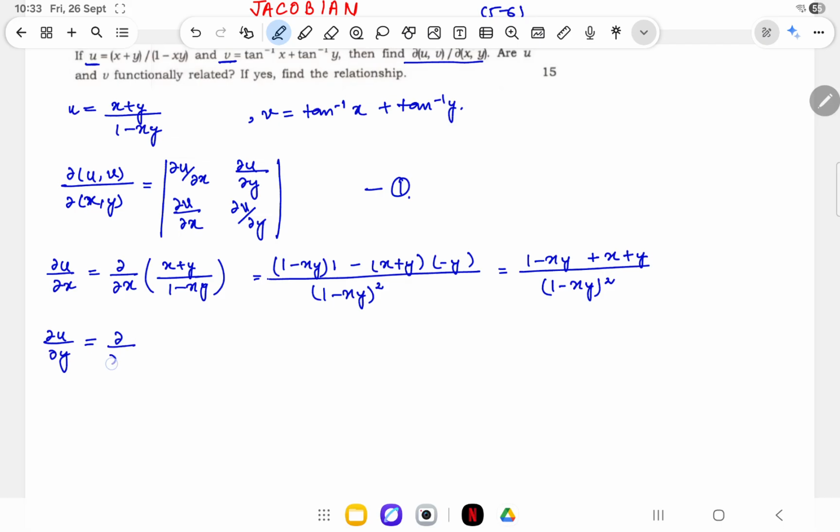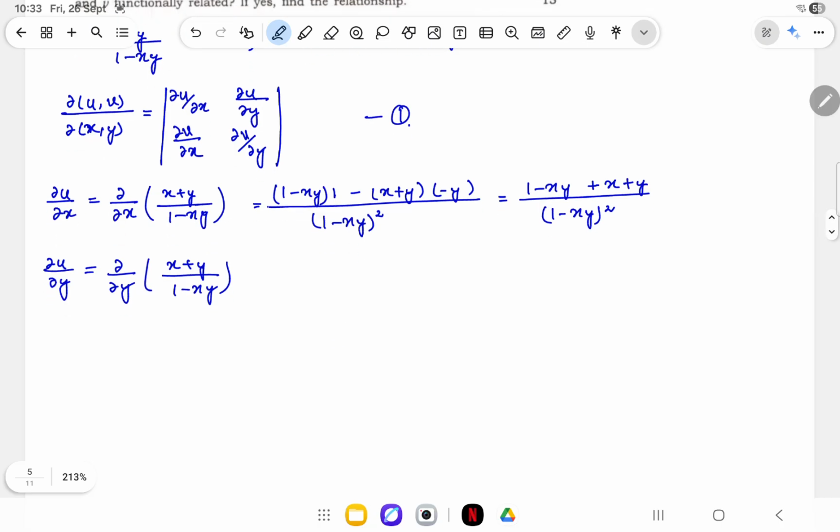That will be ∂/∂y of (x plus y)/(1 minus xy), and this will be [(1 minus xy) into 1 minus (x plus y) into (minus x)] divided by (1 minus xy) square.